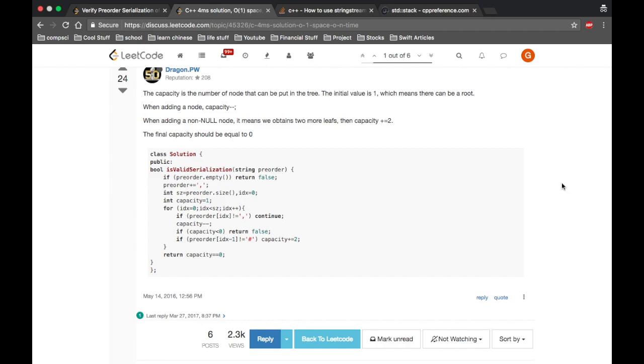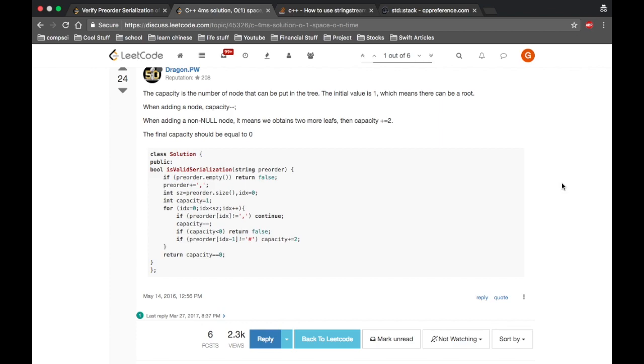Using the stack had a lot of complexity, and me making the stack is basically sort of me allocating the whole tree again, so I'm not even sure if that approach was okay.